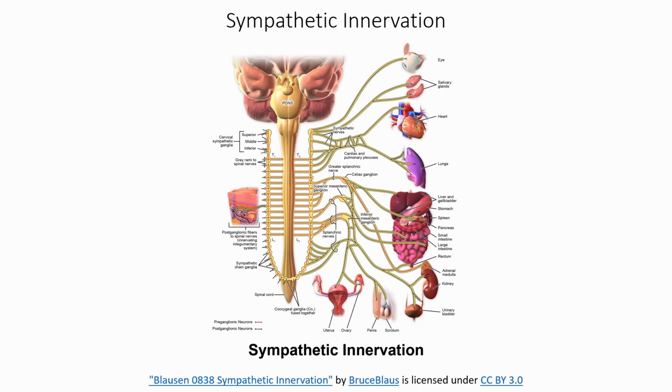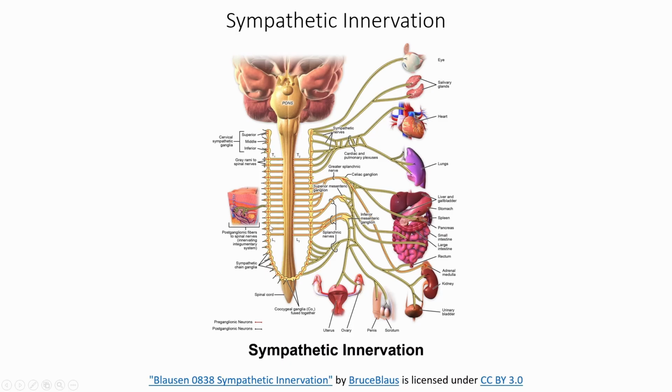So here's our picture of the sympathetic innervation. I know looking at it, it looks like a mess, but we're going to break it down. Here are the cervical sympathetic ganglia, and then coming down, those will be the sacral ones.